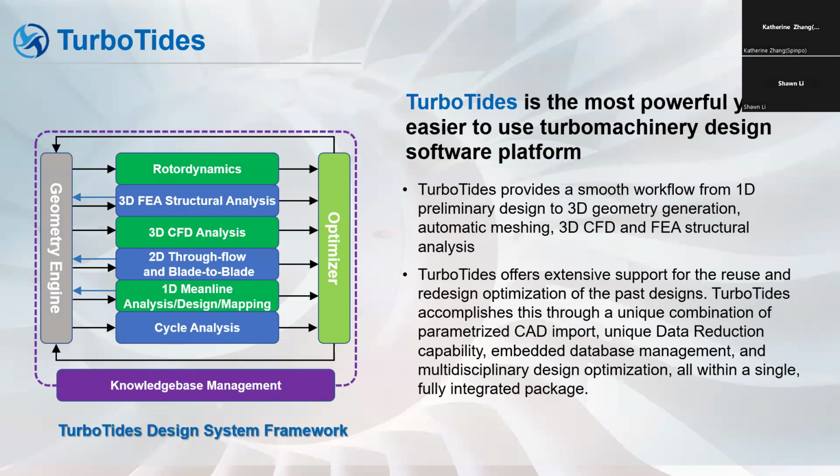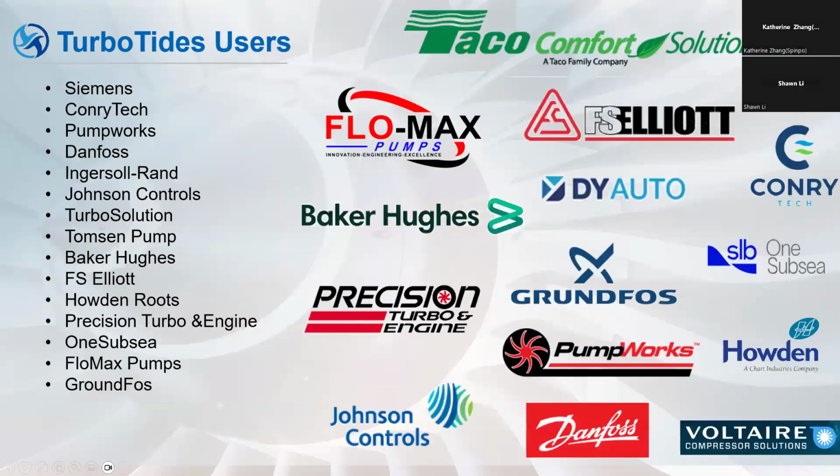Furthermore, we also offer extensive support for the redesign, optimization and reuse of past designs, which we'll go into a little more. Although we are the new player in the industry, we work with a lot of large companies as well as small companies and startups.